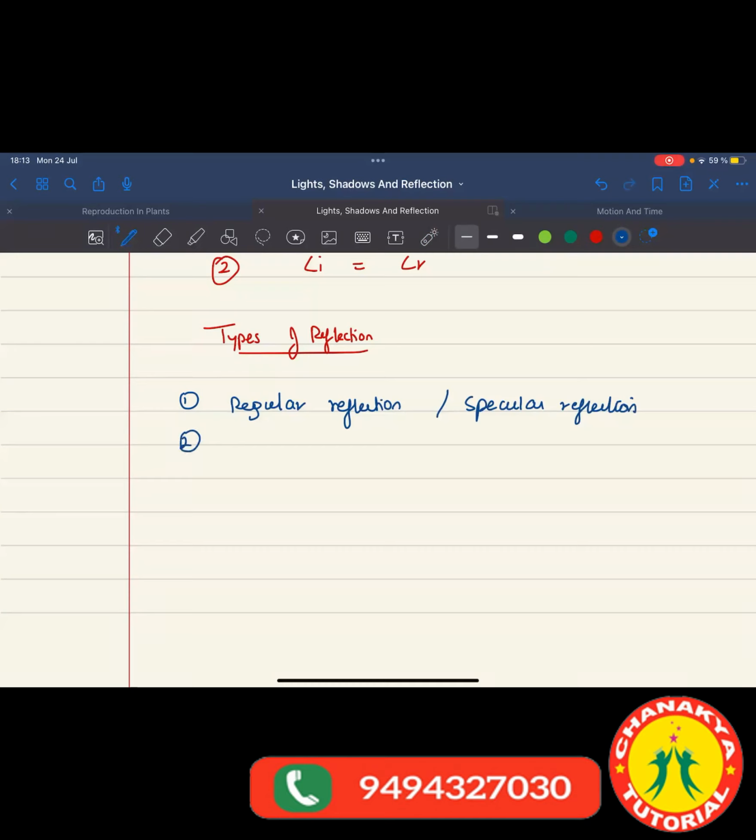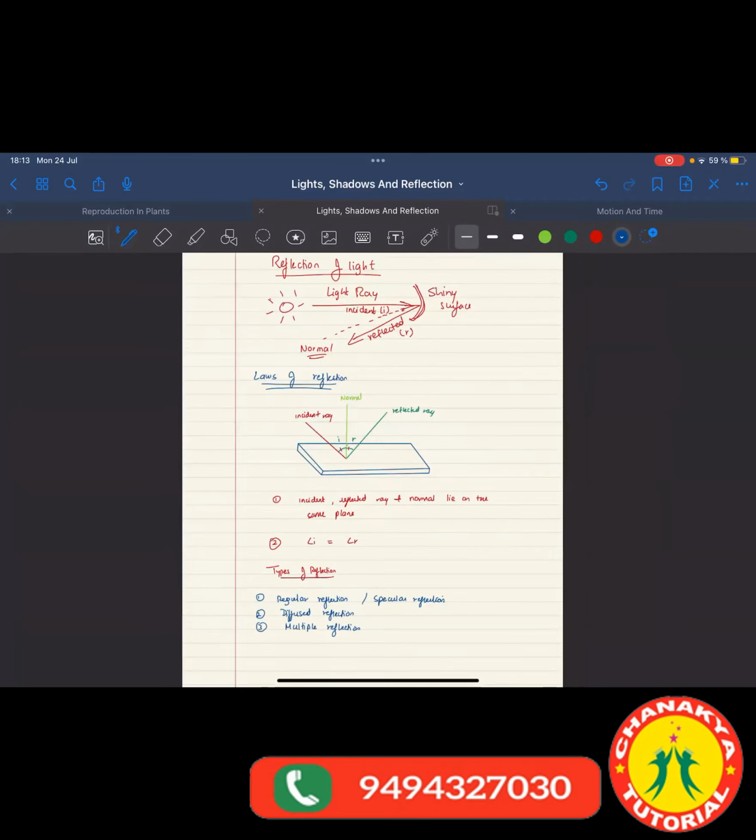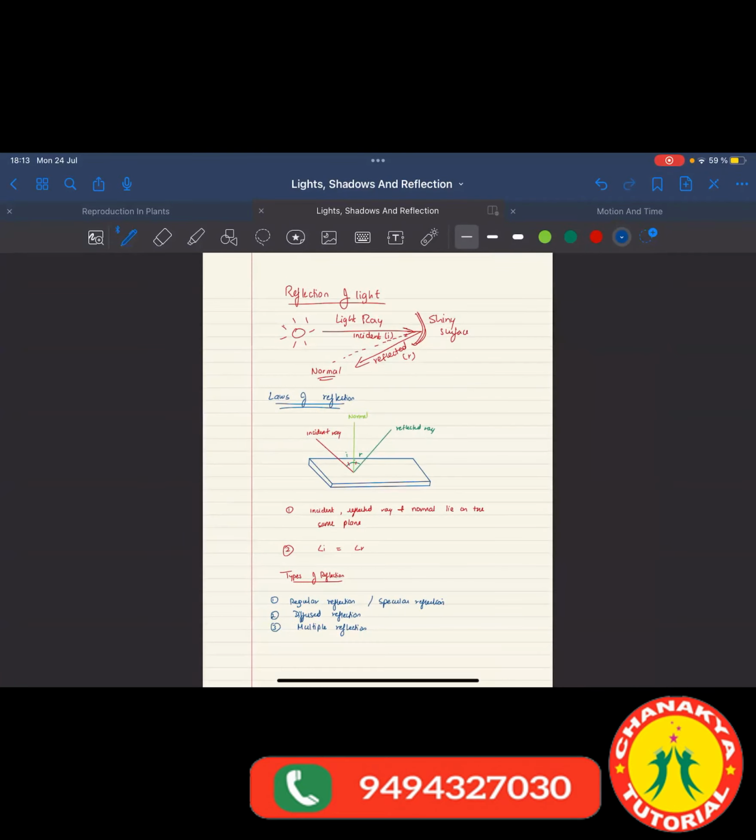Second, you have diffused reflection. And finally, third, you have multiple reflection. We'll see each one of them in detail. Please note it down with the diagram. Tell me when you're done.